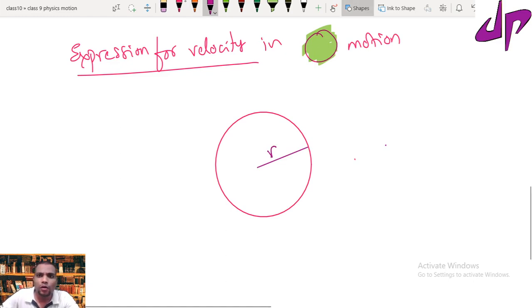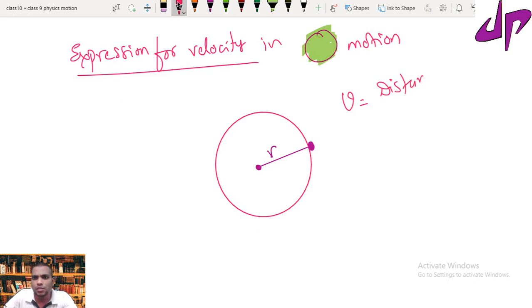Now if I take a small object here, it is moving with a velocity v. That is the velocity of the object. If that is the center and r is the radius, to define velocity, you can write velocity equal to distance by time.